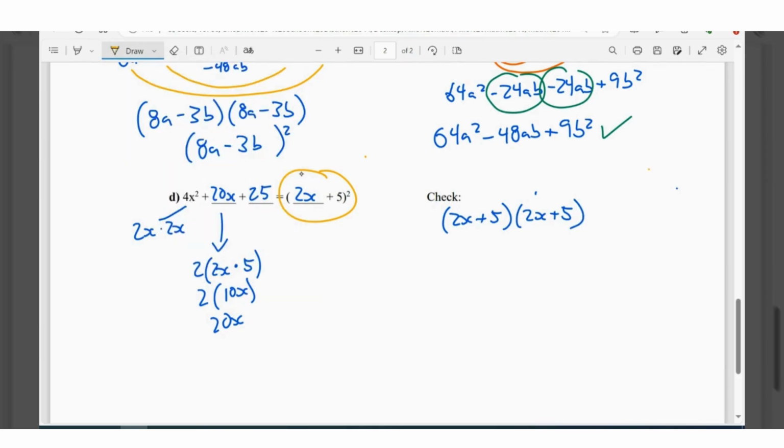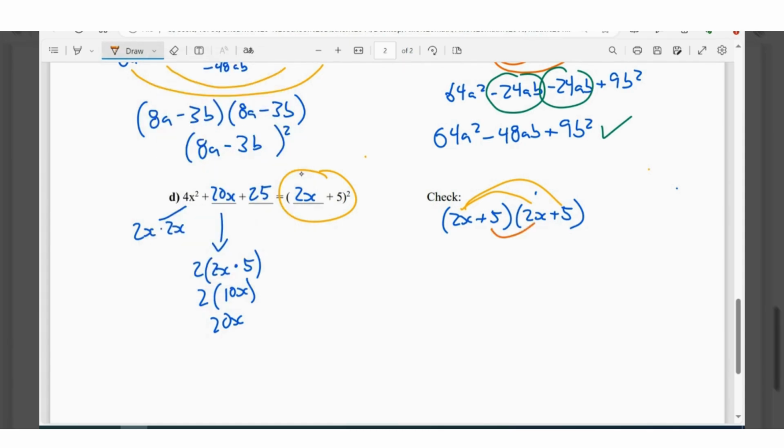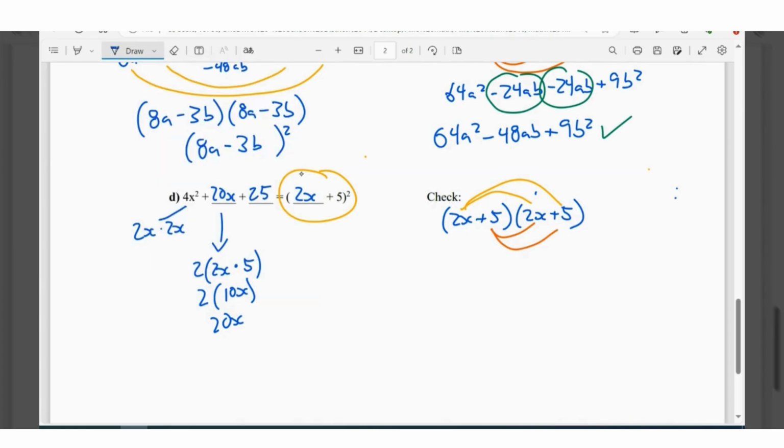So if we do first outside, if we do inside last, we have 2x times 2x, that's 4x squared. 2x times 5 is 10x. 5 times 2x is 10x.